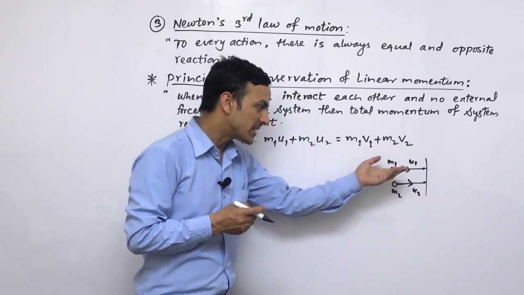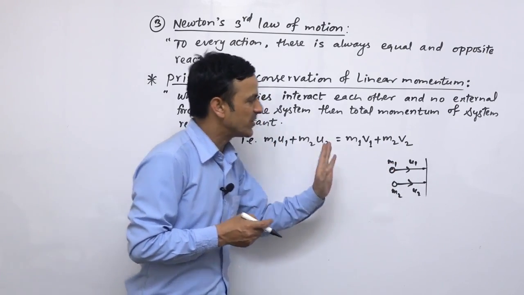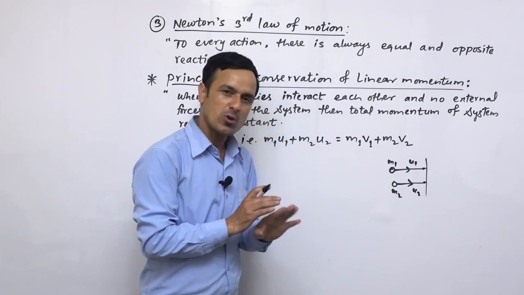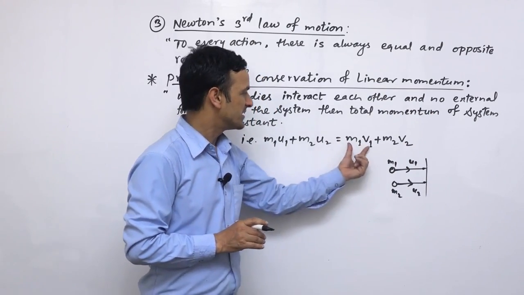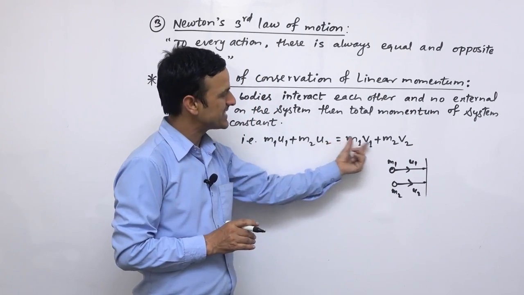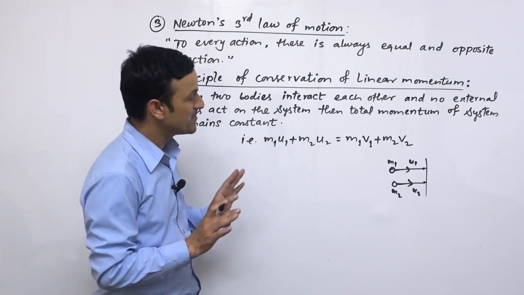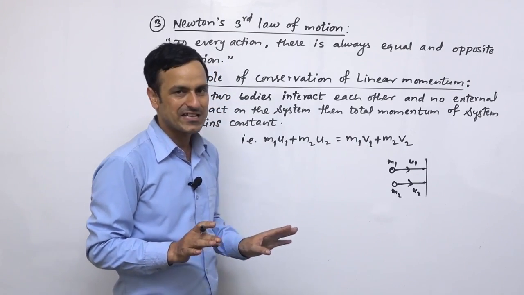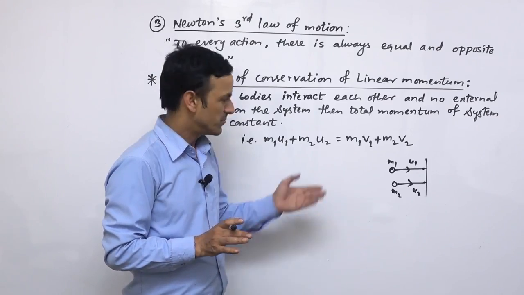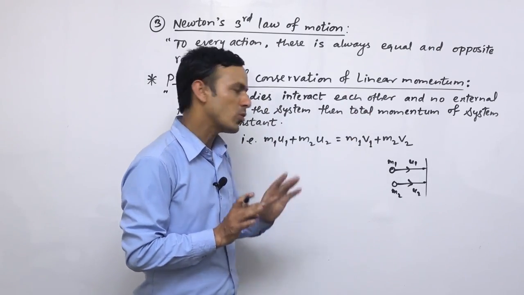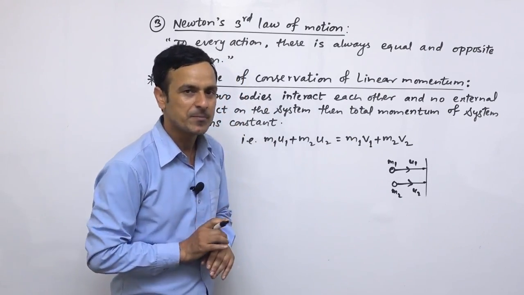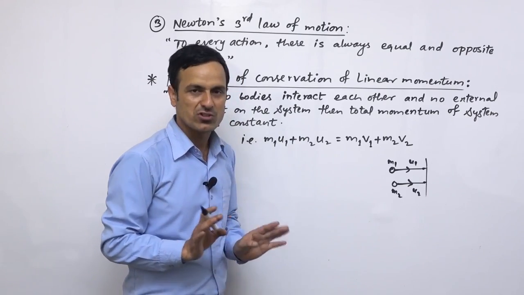The momentum before striking and after striking is always the same, they are equal. Equal means it is always the same, it remains the same, or we can say that it is constant. There is no change in total momentum.